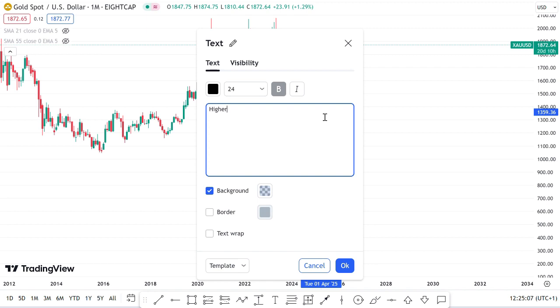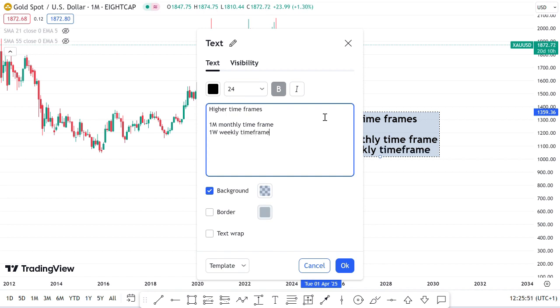I'll be talking about higher time frames and lower time frames. So the higher time frames here, guys, I make use of the monthly, 1M. Then the weekly time frame, that's what the market is doing on the weekly time frame.